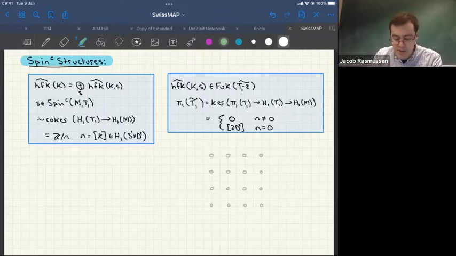Another feature is the fact that, as I said back at the beginning, this invariant naturally lives in the Fukaya category of a cover of the punctured torus, not just in the punctured torus itself. And how do I decide what cover I'm taking? Well, what I have to do is look at the map from pi1 of the boundary to H1 of the boundary, and then into H1 of M. And I look at the kernel of that map.